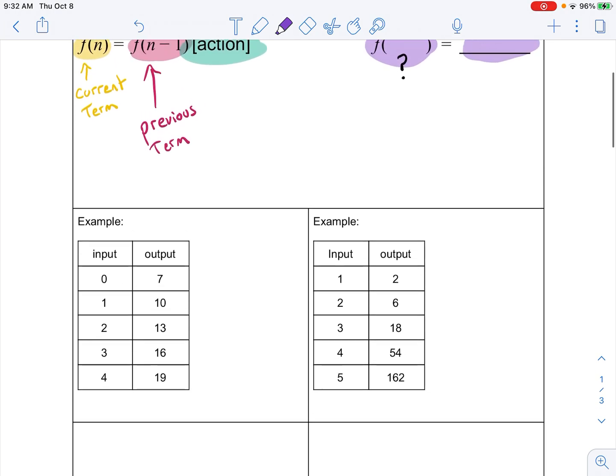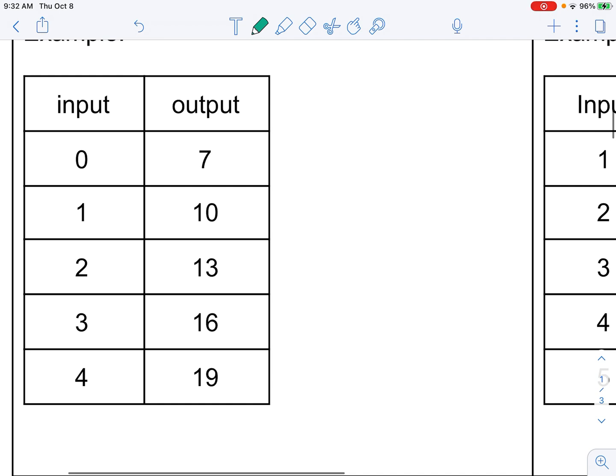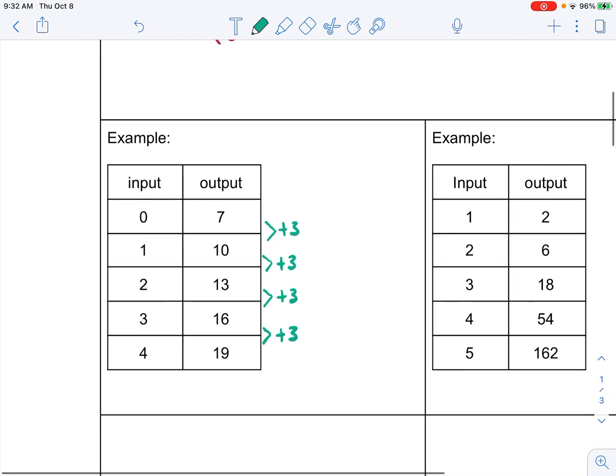Our first job is to figure out what is the action. So from 7 to 10, from 10 to 13, 13 to 16, and 16 to 19, we can see that it's growing by 3. So this is an arithmetic sequence.